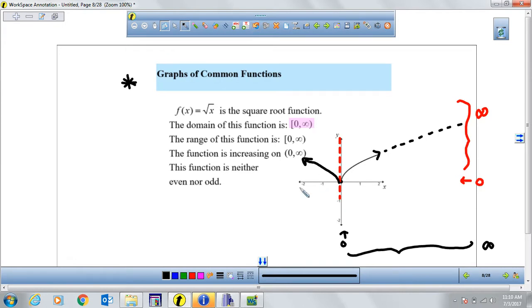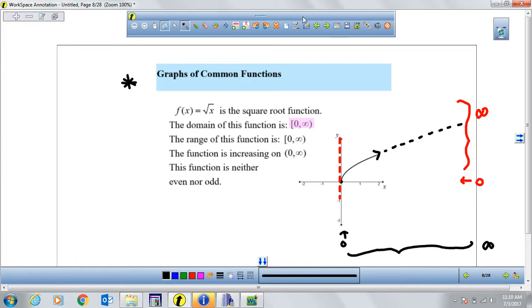Now, for odd, I need to see this. First of all, it's going to reflect over the y-axis right here, but this is not going to be the graph. Then it's going to reflect over the x-axis. So what I should see should be down here. But there's no graph on this side either. Okay? So there is no y-axis symmetry or origin symmetry. So this one is not even or odd.